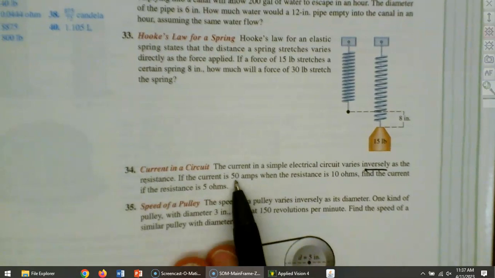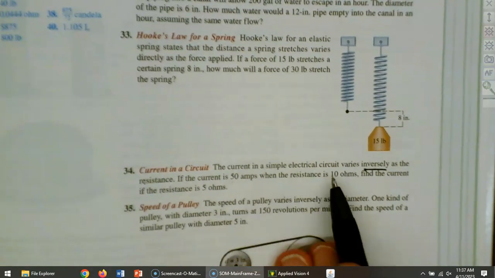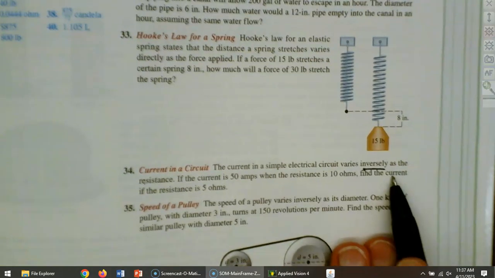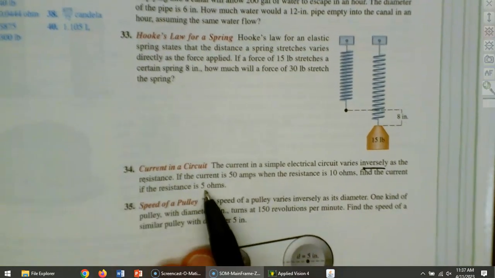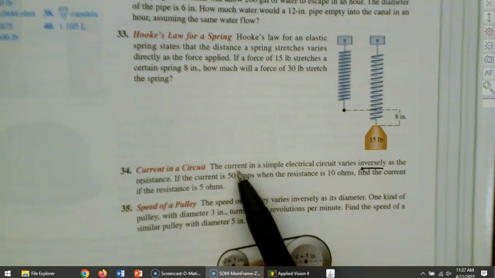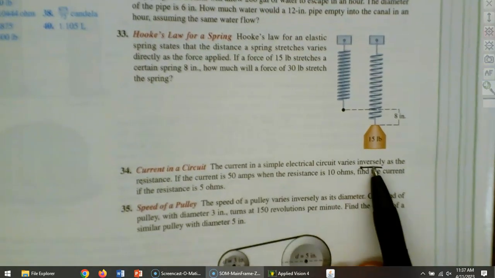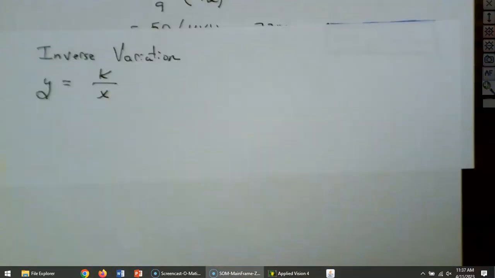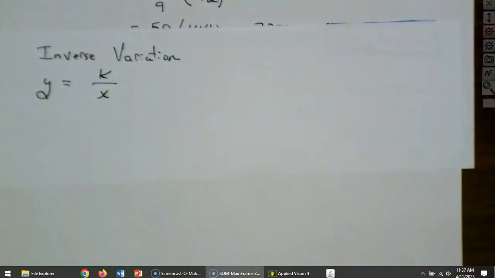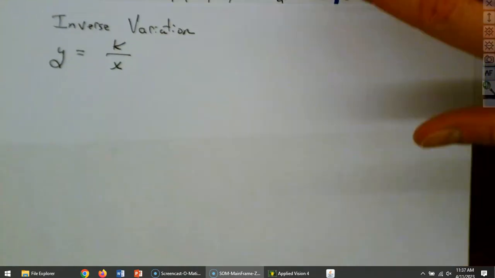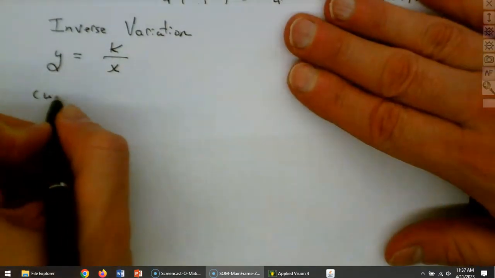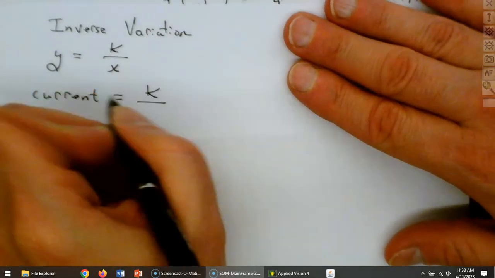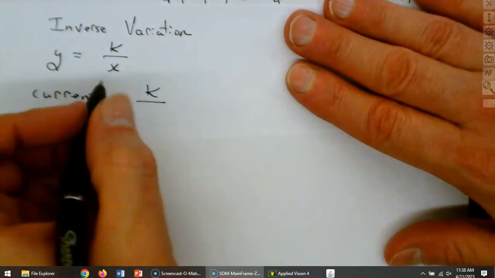If the current is 50 amps when the resistance is 10 ohms, find the current if the resistance is 5 ohms. So it says current varies inversely as the resistance. So inversely means division. And your current is going over here. Then we have our K, and it varies inversely to the resistance.